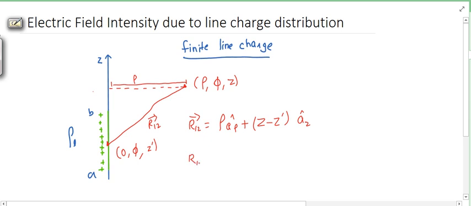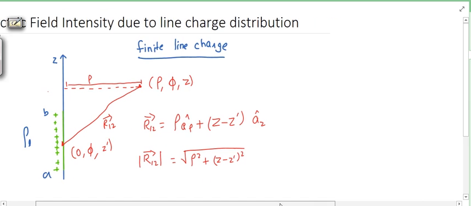And let me write the magnitude of this. It will be under root of rho square plus z minus z dash whole square. This will be the magnitude of the r12 vector, that is the displacement vector from the source point to the field point.